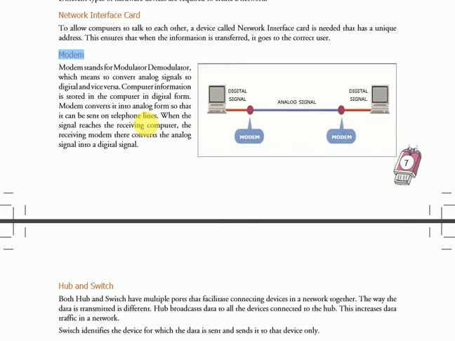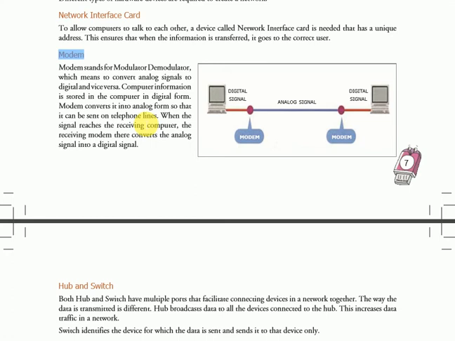All of your communication data, your voice, your chat, your videos, go as analog signals. Your modem converts the information into analog signals, because digital signals cannot travel using telephone lines.